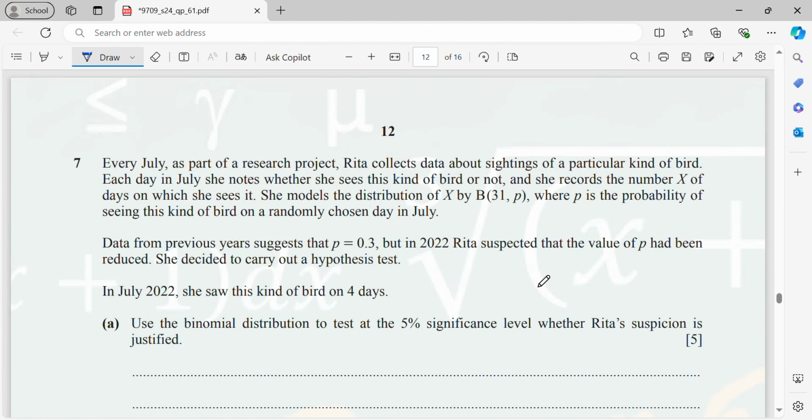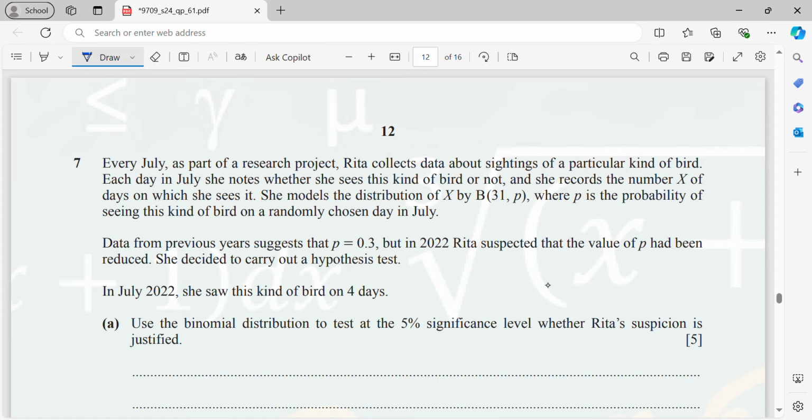Okay, now next question, number 7. Every July, as part of a research project, Rita collects data about sighting of a particular kind of bird. Each day in July, she notes whether she sees this kind of bird or not, and she records the number X of days on which she sees it.